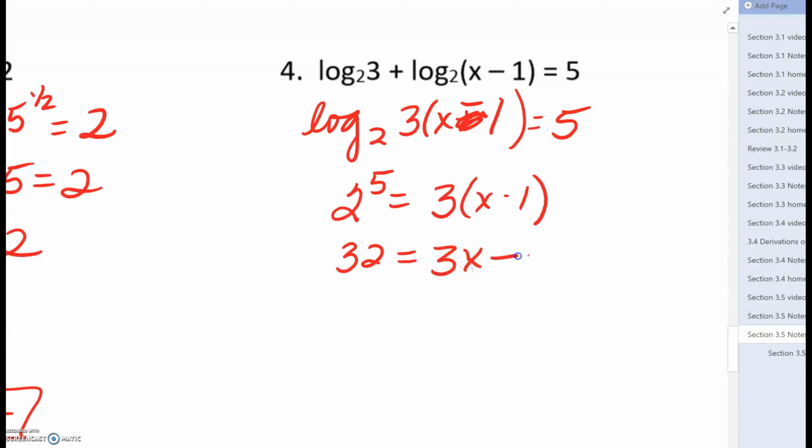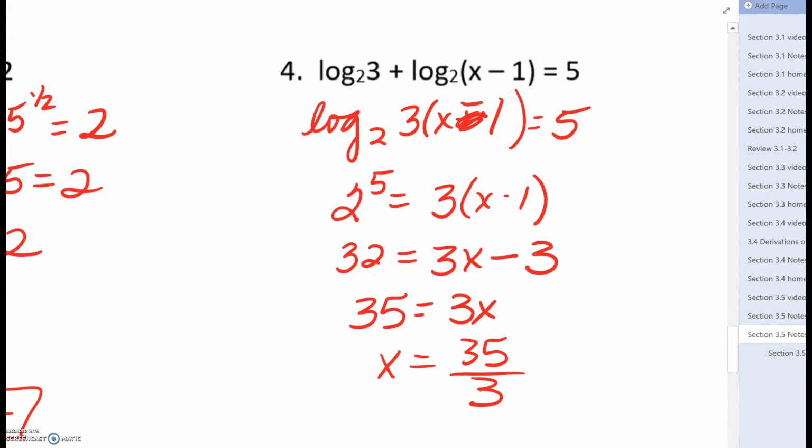And distribute that 3. And then add 3. Divide both sides by 3. x would be 35/3. Again, 35/3 minus 1 is positive, no problem.